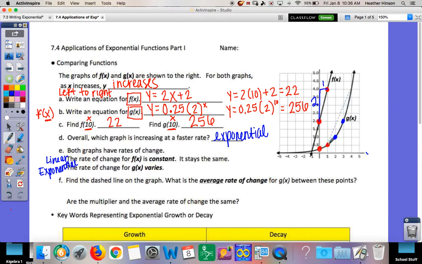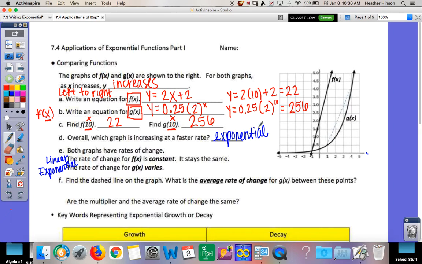So for the first one, it goes up 1 over 1, but then it goes up 2 over 1. If we were to find the next point, it would go up 4 over 1. So it's going to change every single time. Your rise over run is not going to be the same on exponential. On linear, it will be.